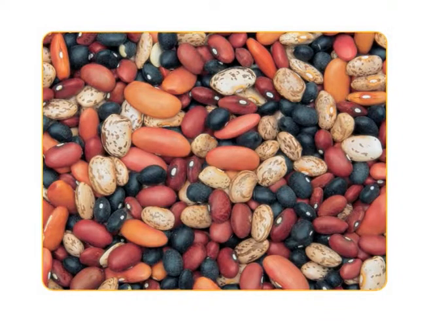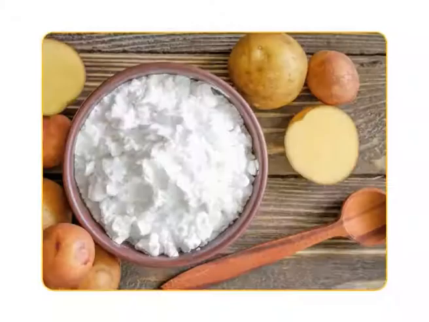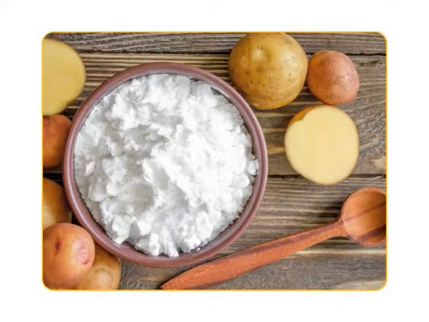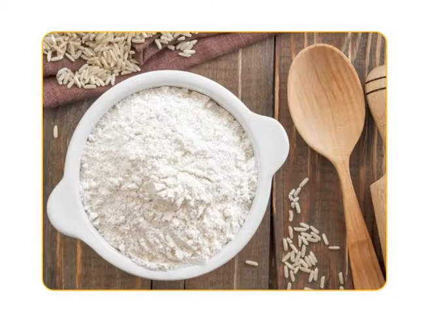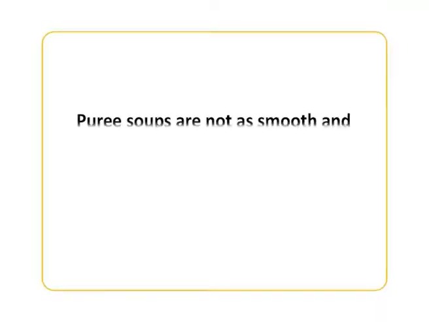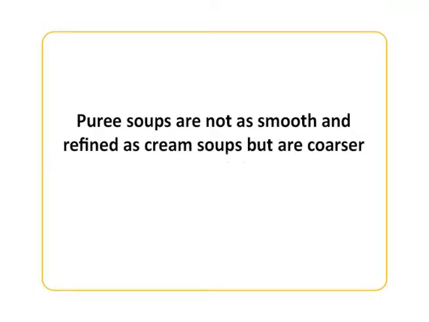They may be made from dried legumes such as split pea soup, or from fresh vegetables with starchy ingredients such as potatoes or rice. Purees may or may not contain milk or cream. Purees are relatively easy to prepare. Puree soups are not as smooth and refined as cream soups, but are coarser in texture and character.